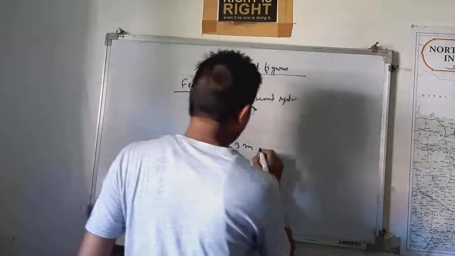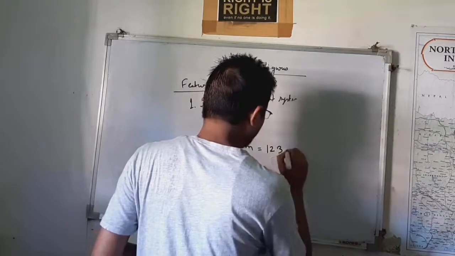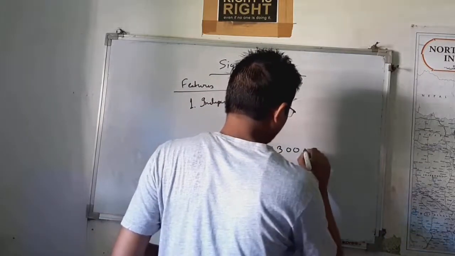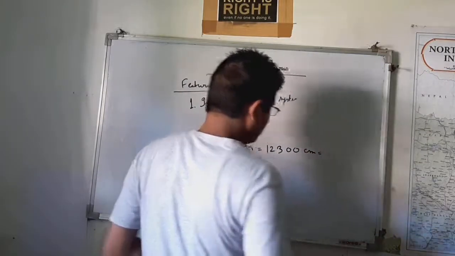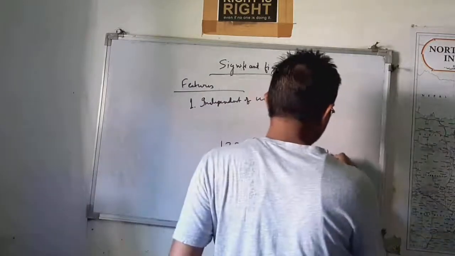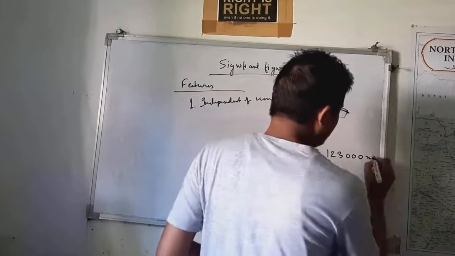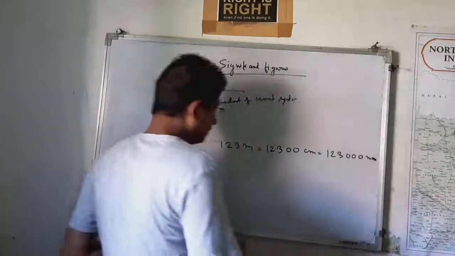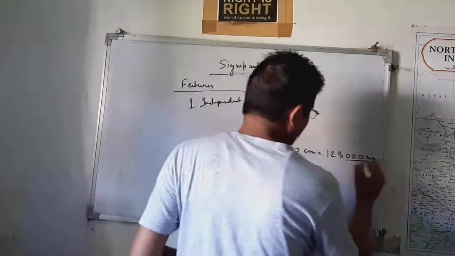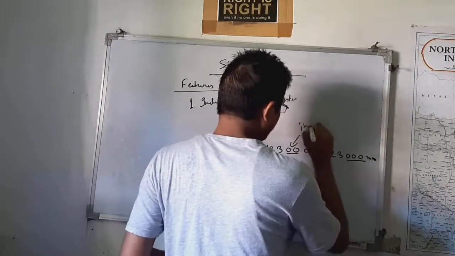Then I can express it as 12300 centimeter, or 123000 millimeter. So in this case these zeros are insignificant.